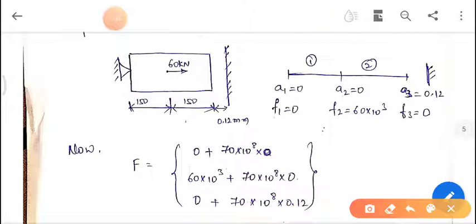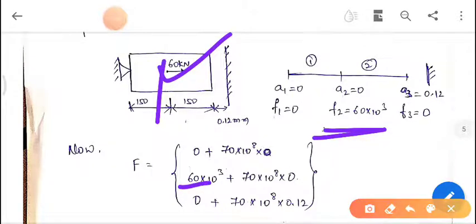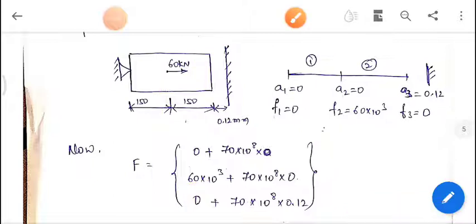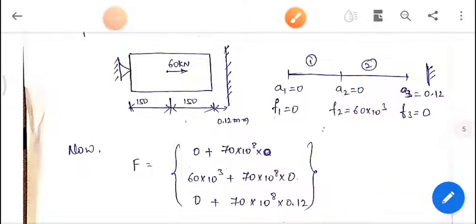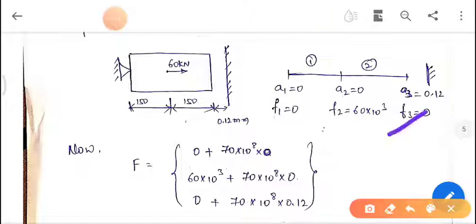Next we have F2 as 60 into 10 raised to 3, that's what you can see here, plus we have C, which is maximum 70 into 10 raised to 8, and A2 is 0. Next F3 is 0. Next, plus we have C into A3, which is 0.12.